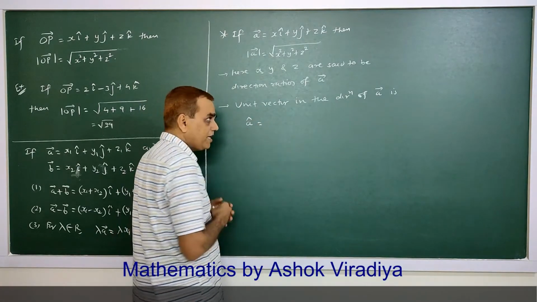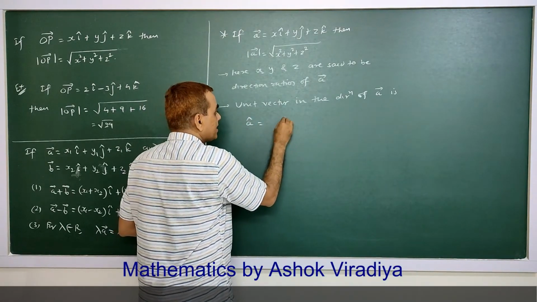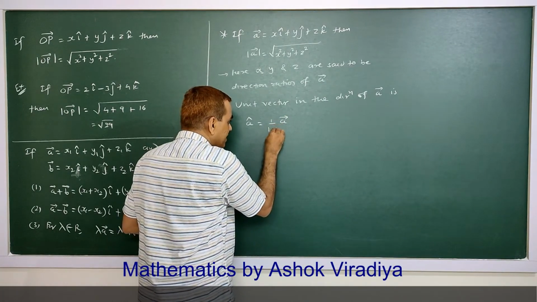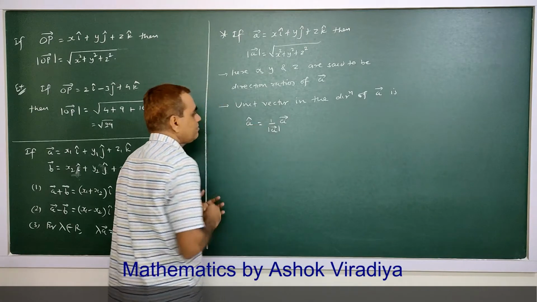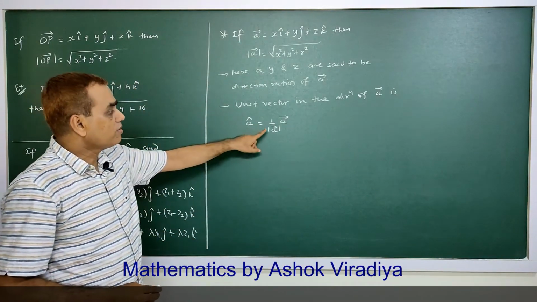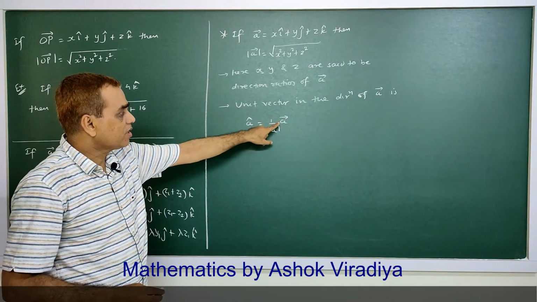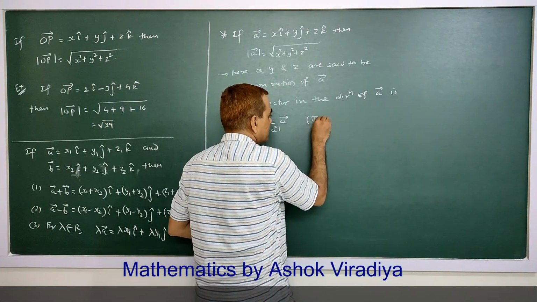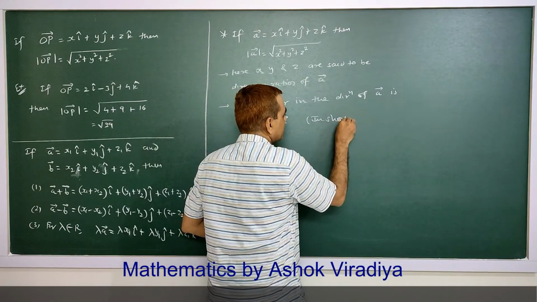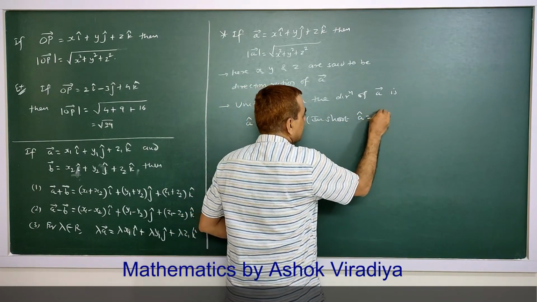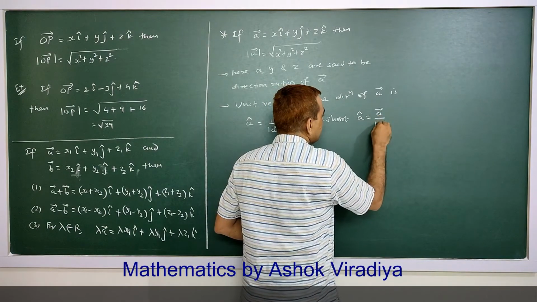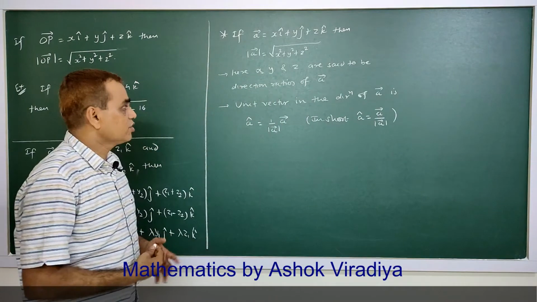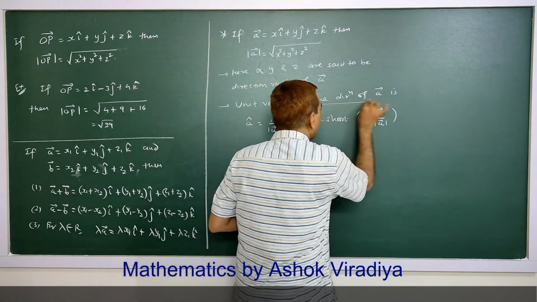It is obtained by multiplying vector A by 1 upon its magnitude. So 1 upon magnitude A times vector A. In short, A cap is vector A multiplied by 1 upon magnitude A. So it is the unit vector in the direction of vector A.